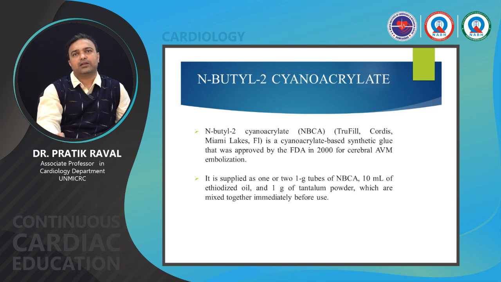Then we have certain liquid agents like N-butyl 2-cyanoacrylate, commercially available as Trufil, which was approved by the FDA in 2000. This glue is supplied as a 1 gram tube of NBCA, 10 ml of ethiodized oil and 1 gram of tantalum powder, which are then mixed together immediately prior to use.